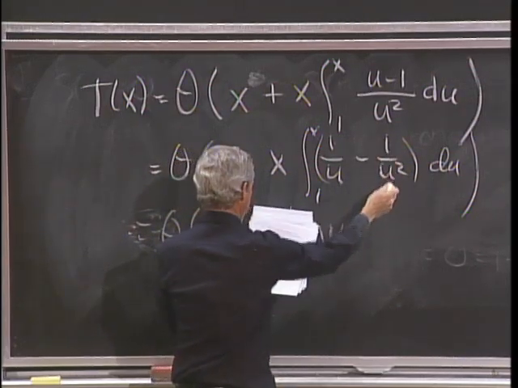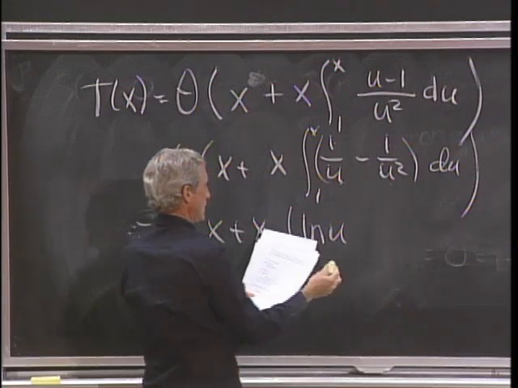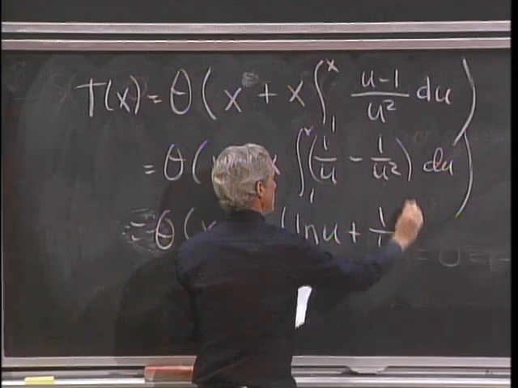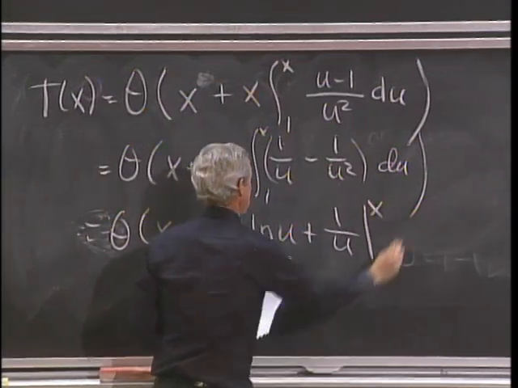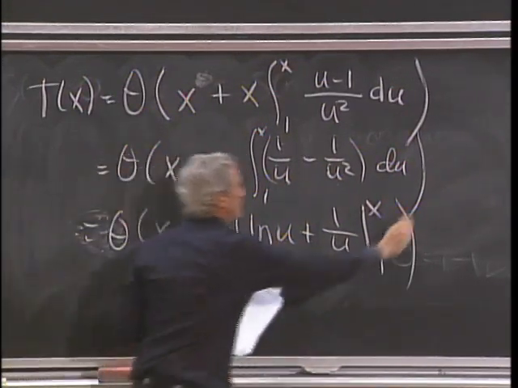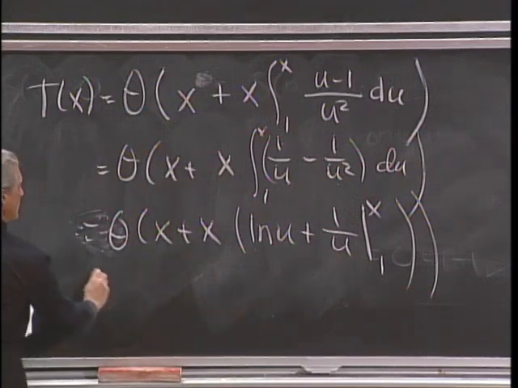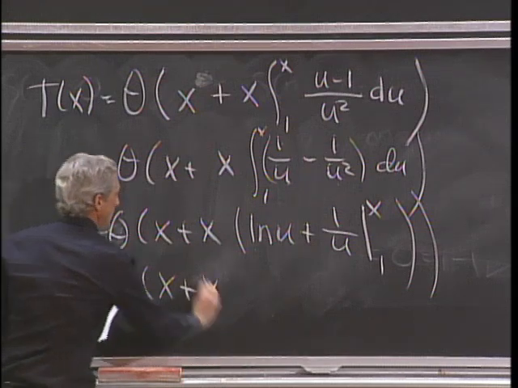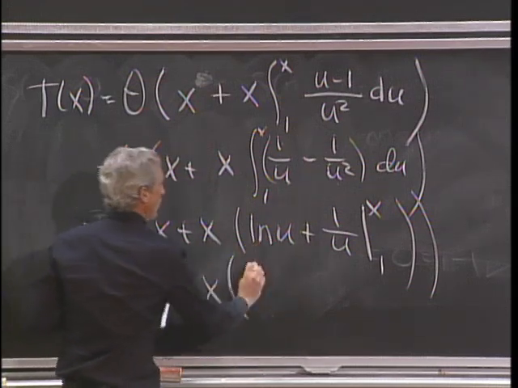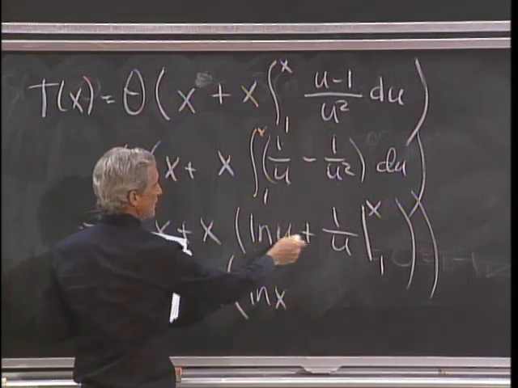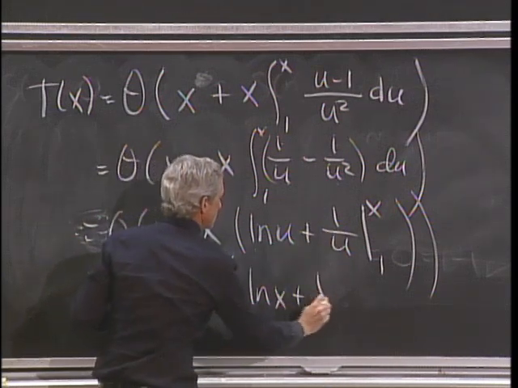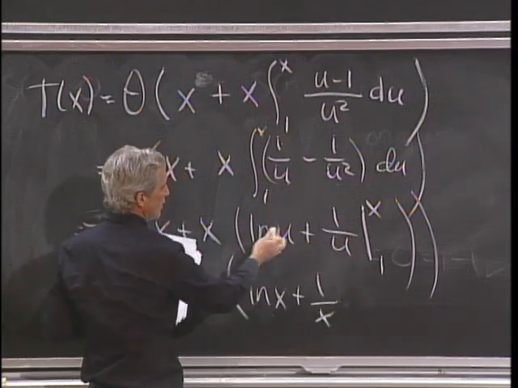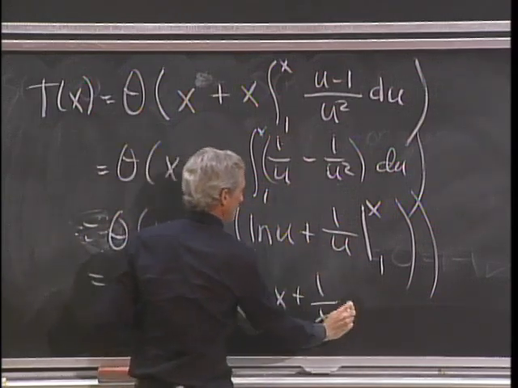The integral of 1 over u squared is 1 over u, but I changed the sign there. From 1 to x. All right, so I get theta of x plus x times log of x plus 1 over x minus log of 1, which is nothing, minus 1.